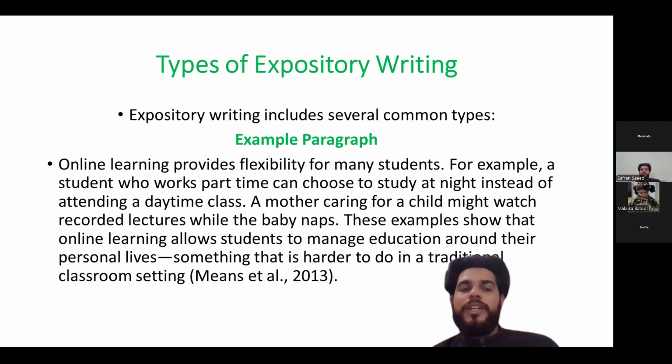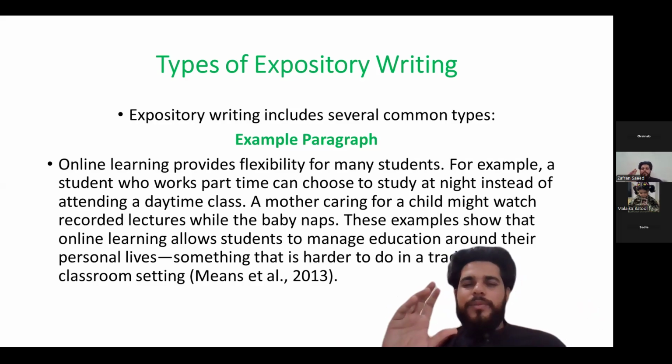This is another support. These examples are the evidence. They show that online learning allows students to manage education around their personal lives, something that is harder to do in a traditional classroom setting. This was written by a scholar in 2013. So an illustrative type of writing will be like this.